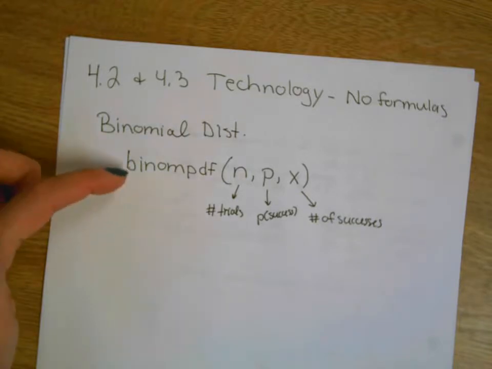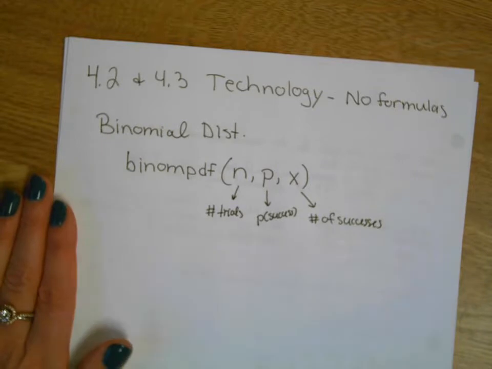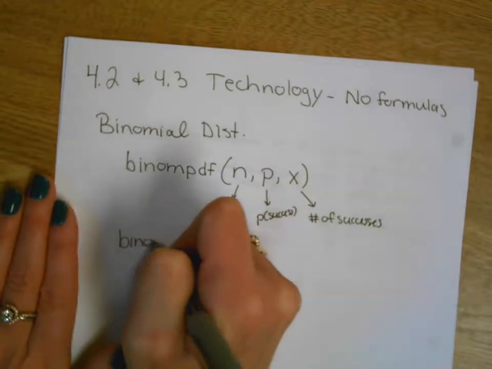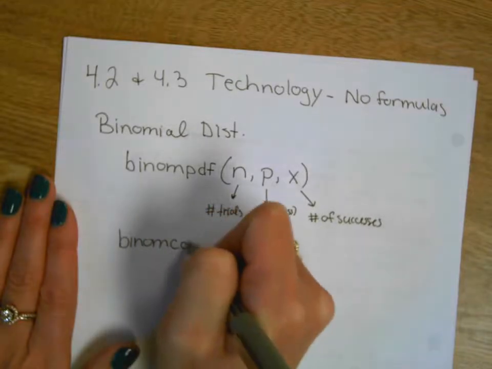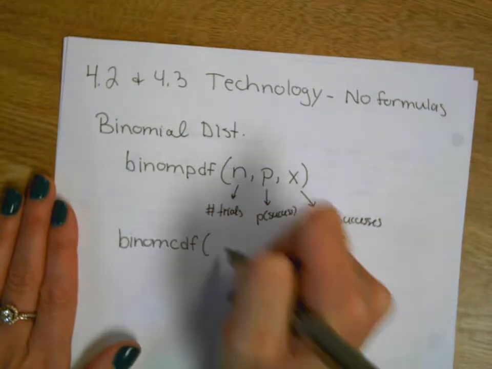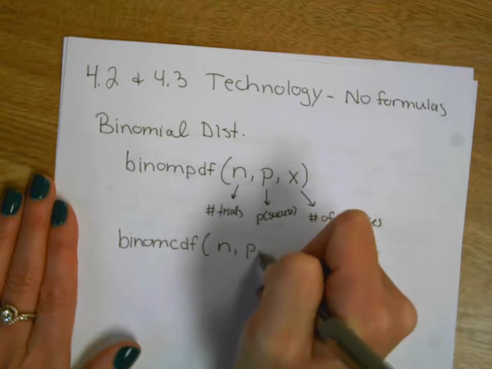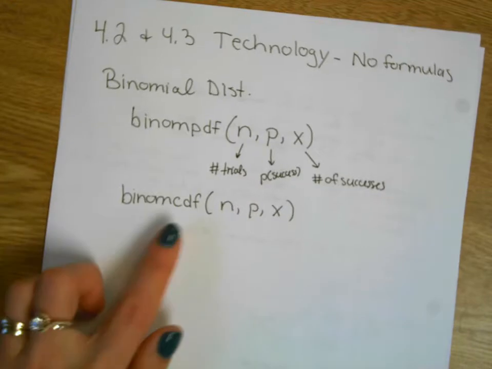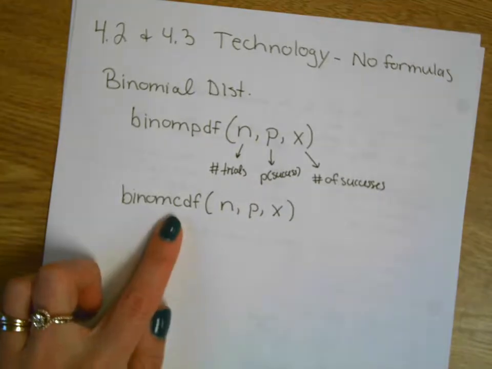Now once you see this, there's also a second function called binom CDF. That also gets fed the same 3 values, but what the C stands for is cumulative. You know how we were adding up probabilities?